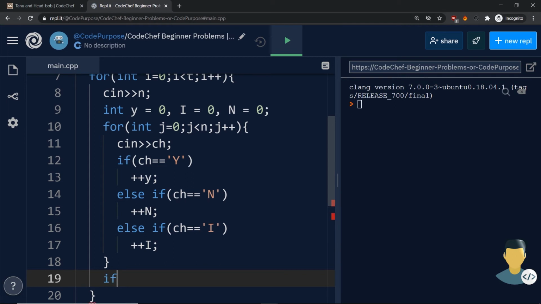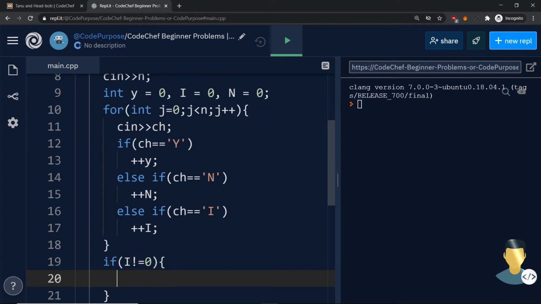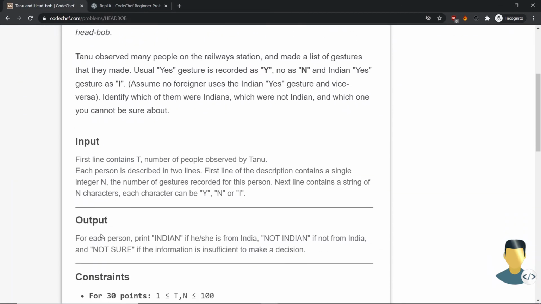So if I is different than 0, then he's Indian, and print a new line.